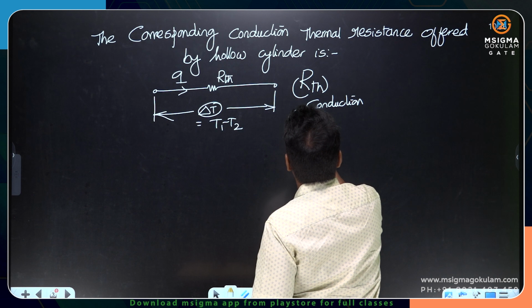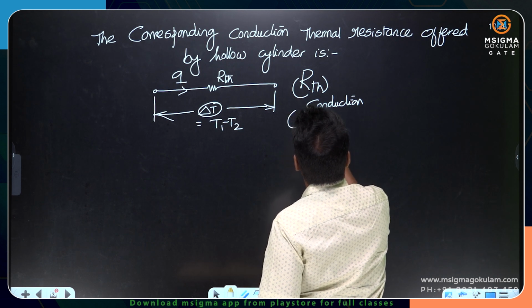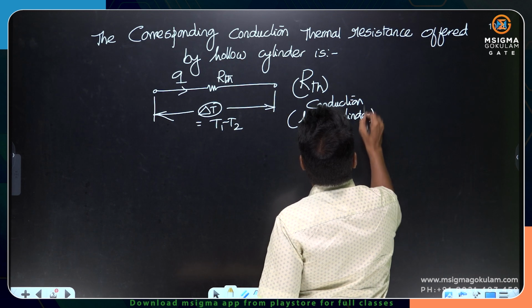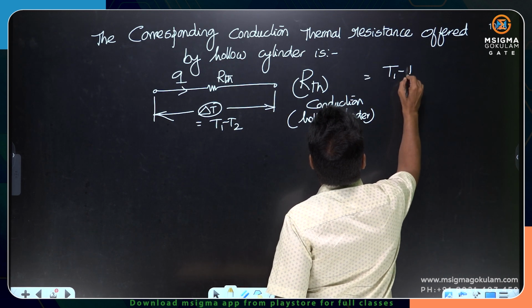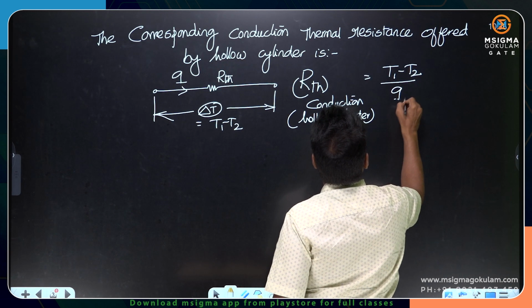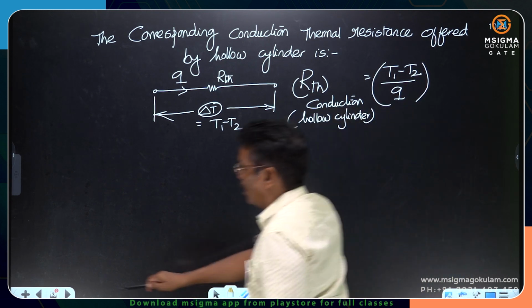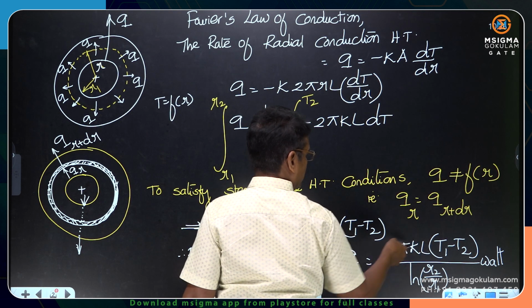Conduction thermal resistance offered by the hollow cylinder will be T1 minus T2 by Q, thermal potential divided by the current. Look at the previous formula we have. What is T1 minus T2 by Q?